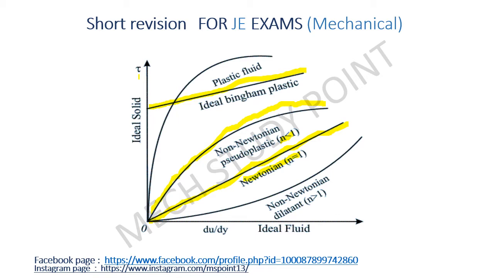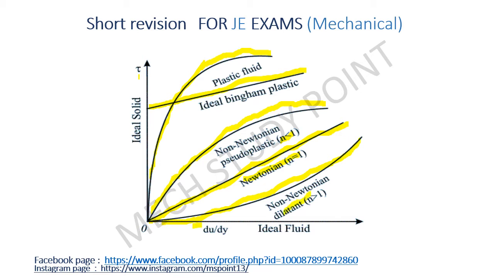Next is the plastic fluid, which is hyperbolic in shape. Next is the non-Newtonian fluid, which does not follow Newton's law of viscosity, so the value of n is greater than 1.